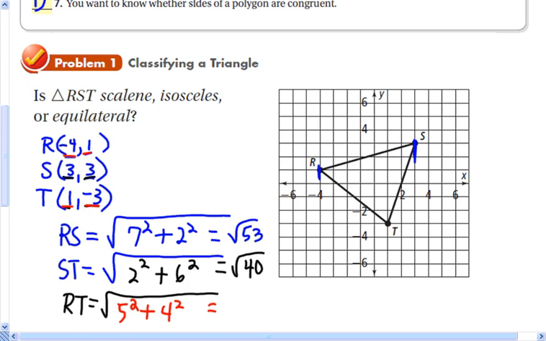And 5 squared is 25, plus 16 is 41. And these two lengths are really close, but they're not exactly the same. So we can see that all three lengths are different. So we're going to say this is a scalene triangle. And our proof is all three sides are different lengths.